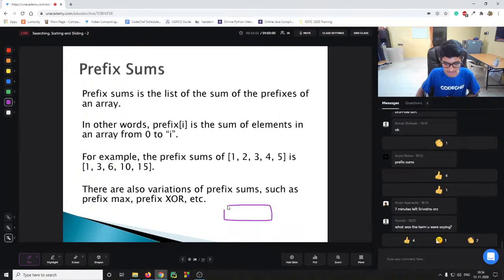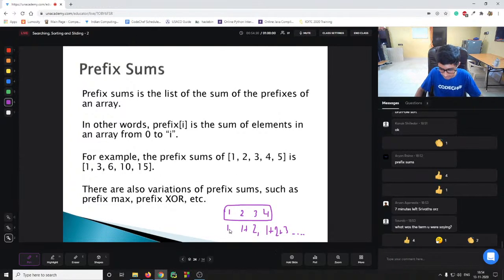For example, if you have elements like 1, 2, 3 and 4, first it will be 1, then 1 plus 2, then 1 plus 2 plus 3, and so on. This is what prefix sum means, but we are going to compute this in an efficient manner.